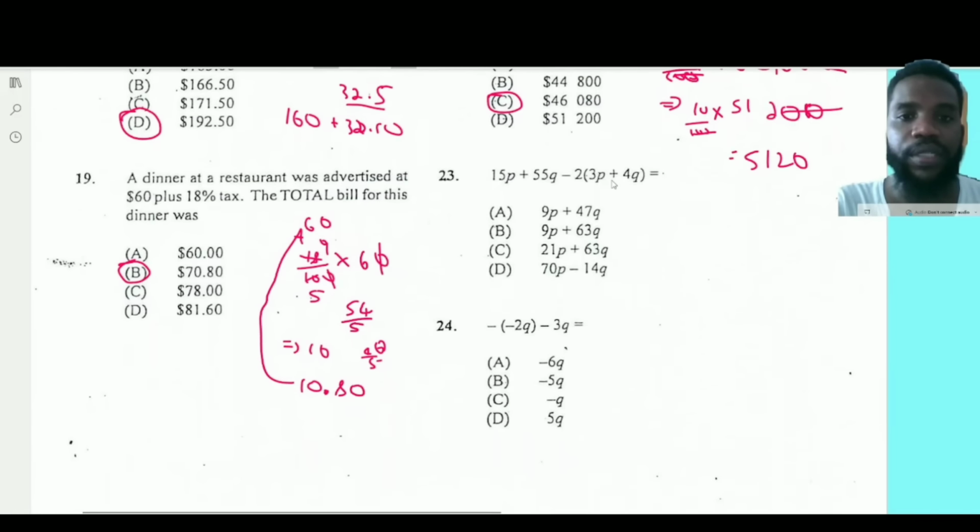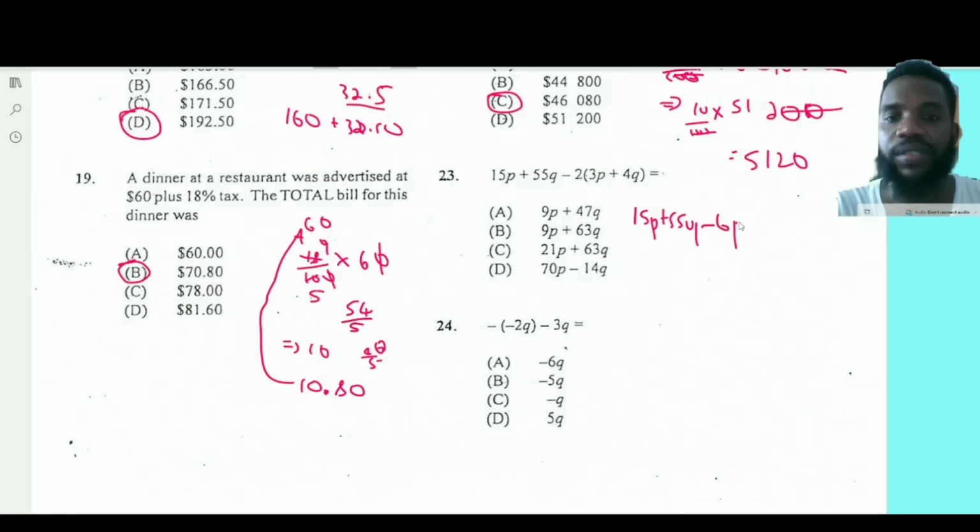Question number 23. It says 15p plus 55q minus 2 times (3p plus 4q). Now I'm going to have to do some distributing here. So I'm going to have 15p plus 55q. That minus 2 in front of the bracket is going to multiply everything inside of the bracket. Now minus 2 times 3p is going to give me minus 6p.